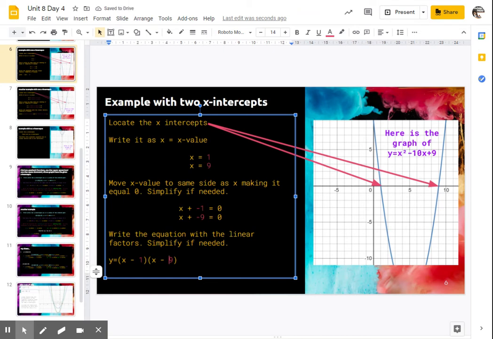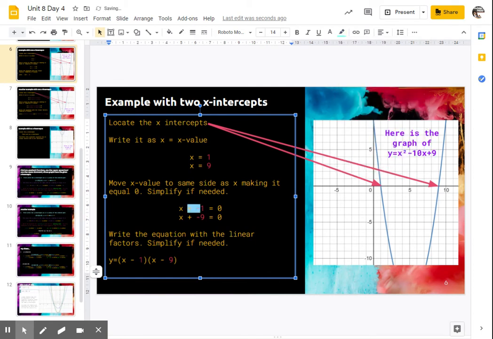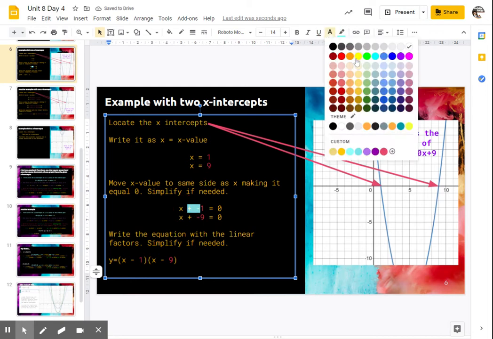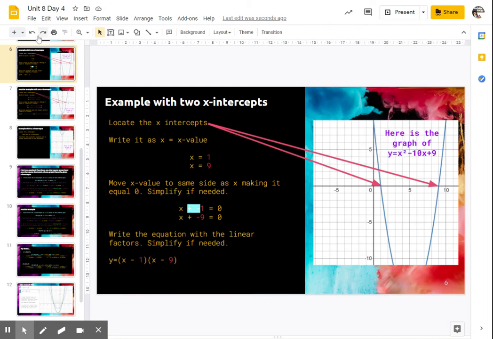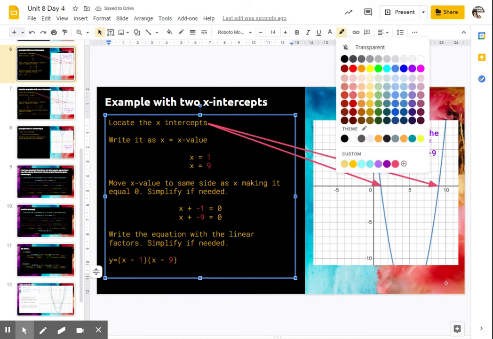How did we simplify this? It's because of these two right here. I can't see that, can I? Oh, still can't see that. Let's undo that real quick so I can figure out what I did wrong.